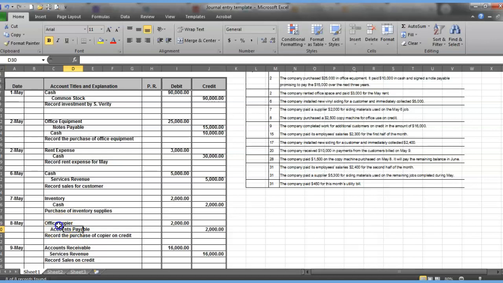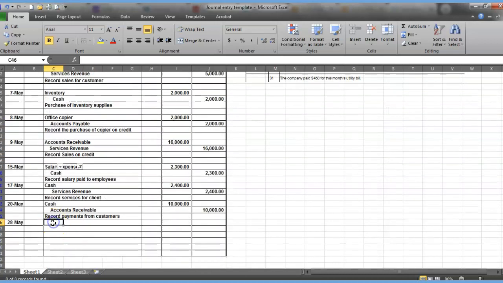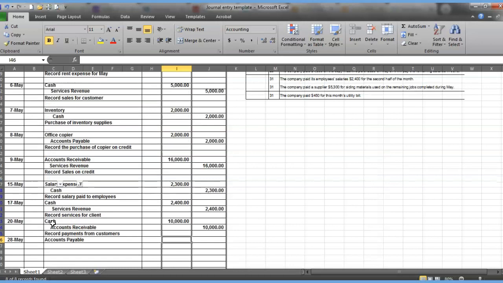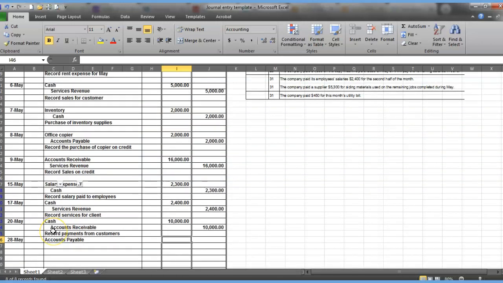Right here. We debited the asset and then we credited accounts payable. So now that we're paying that back, we have to remove part of the accounts payable, the amount that we owe. So I'm going to reduce my payable with a debit of $1,500. And I did that by paying cash.